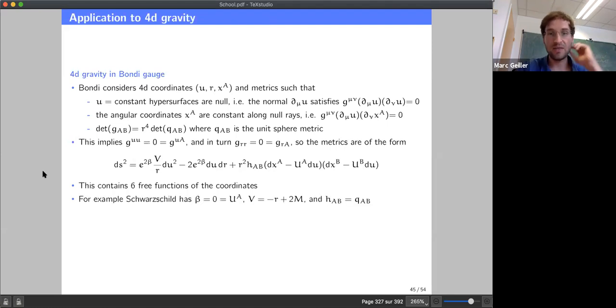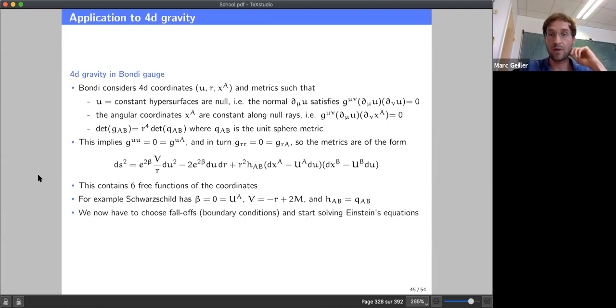So for example, you can see that this family of metrics contains, of course, the familiar Schwarzschild metric. For the Schwarzschild metric, you just take beta to be 0, U to be 0, V is just minus r plus 2M, the Schwarzschild mass, and the metric on the 2-sphere here, h_AB, you take this to be the unit metric on the 2-sphere, and this will give you the Schwarzschild metric.